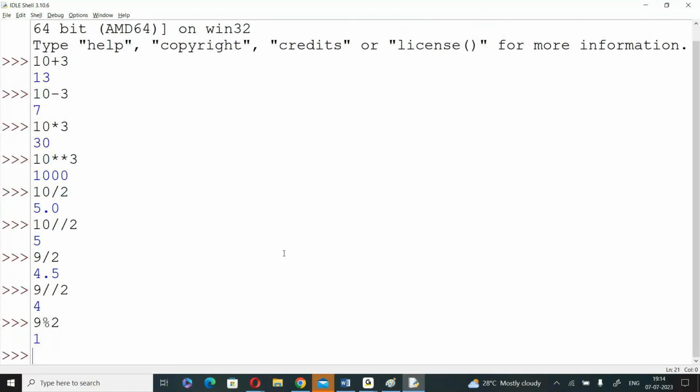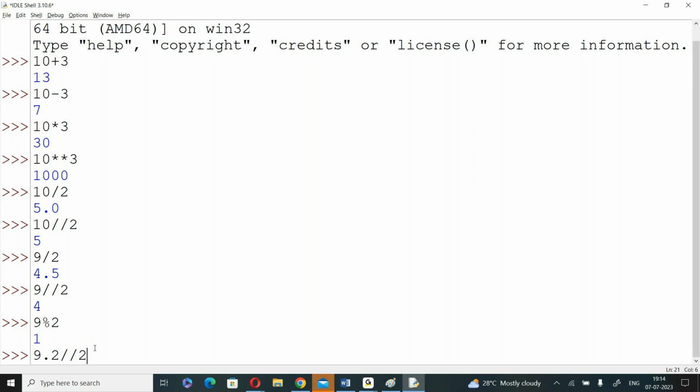Now, I will extend some more. 9.0 slash 2. Actually, you know that with double slash the result is always an integer. But here, either the numerator or denominator, at least one is a floating number.